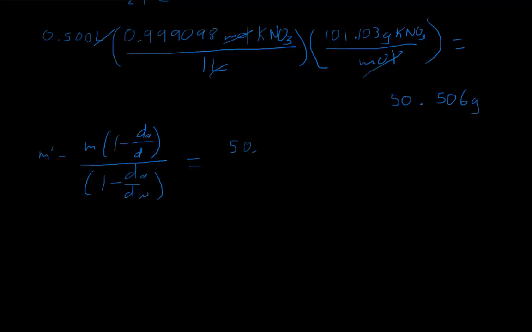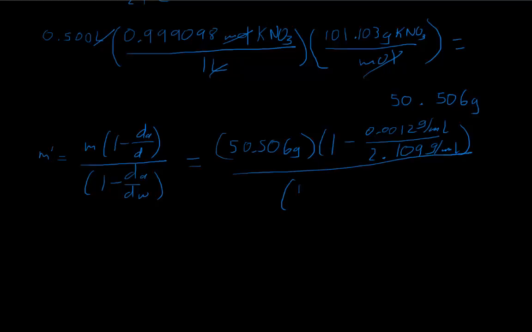So the actual mass, 50.506 grams, times 1 minus the density of air, 0.0012 grams per milliliter, divided by the density of the substance, so the density of potassium nitrate, 2.109 grams per milliliter. We divide that by 1 minus the density of air, again, 0.0012 grams per milliliter, and divide by the density of the calibration weight.